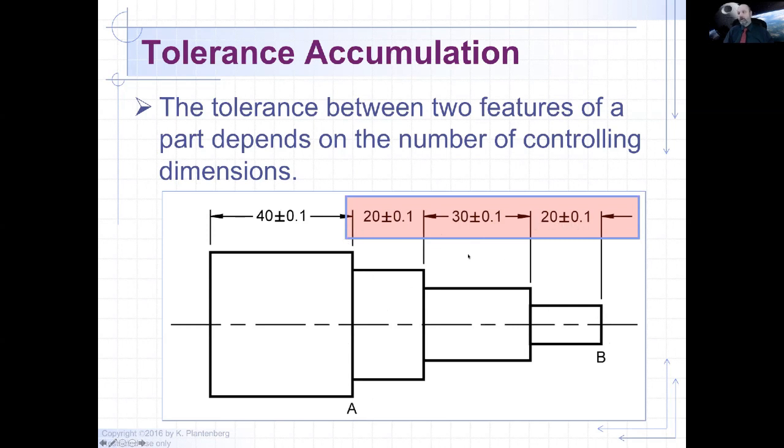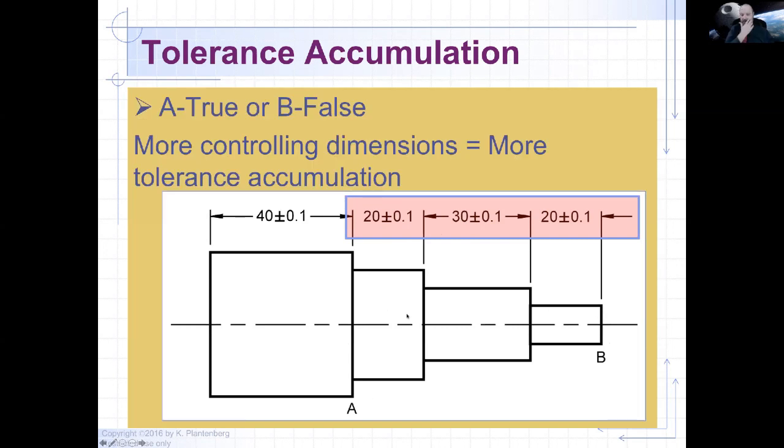So you're going to accumulate all of those tolerances. So think about this: if you have more of these types of dimensions between A and B, are you going to have more tolerance accumulation or less?